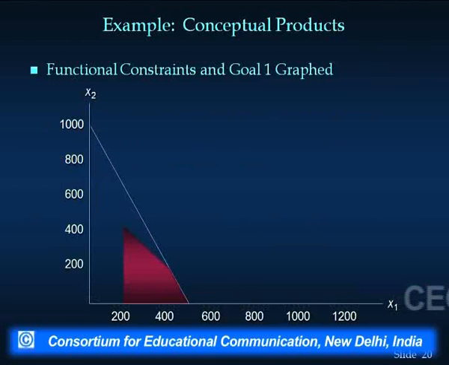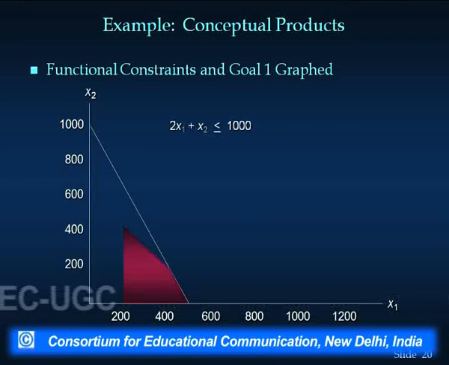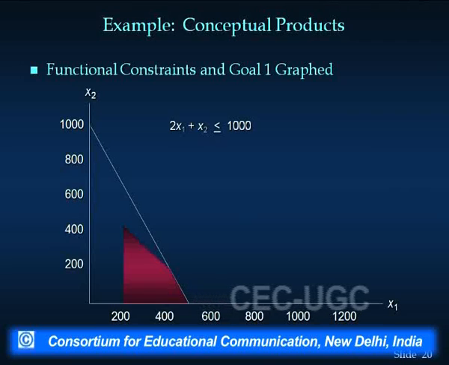The next slide, we have marked the first functional constraint, and this is 2x1 plus x2 less than or equal to 1000, and this has been shown by the straight line.